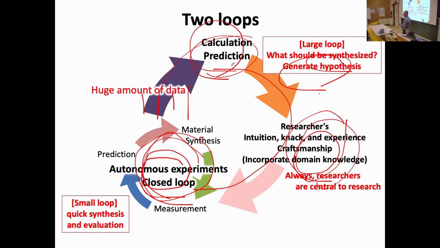That takes time. Sometimes experimentalists don't do the experiments that you predict. So if you use the autonomous system, you can test your hypothesis. So in the near future, theorists can really test their hypotheses by themselves. Please, do you want to try?